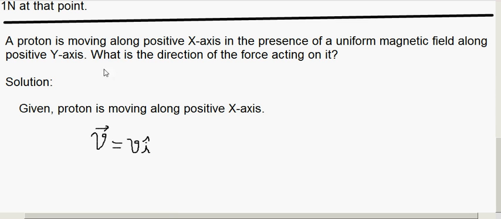Also given the magnetic field is acting along positive y-axis. The magnetic field B can be written as B into j, unit vector j, because the field is directed along positive y-axis.